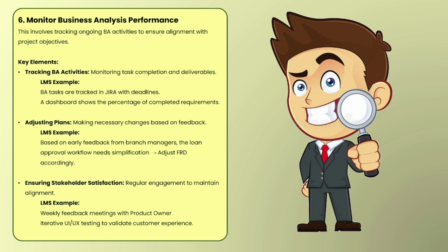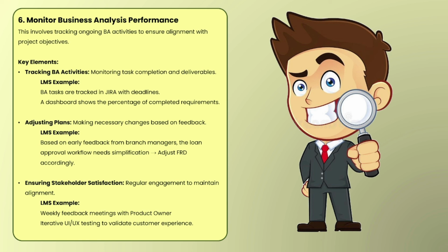It is like making necessary changes based on feedback. In the loan management example, based on early feedback from the branch managers, the loan approval workflow needs simplification. Then we can adjust our functional requirement document accordingly. So this is the adjusting plan considered in this element.